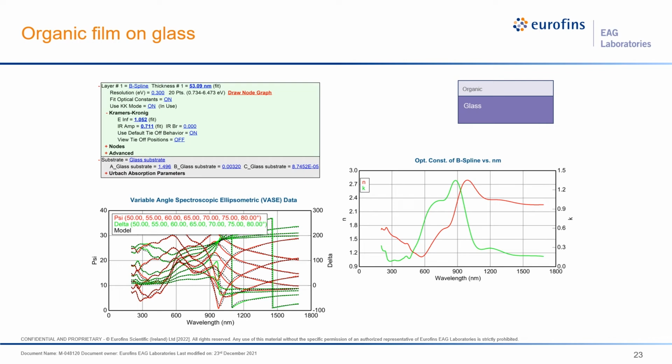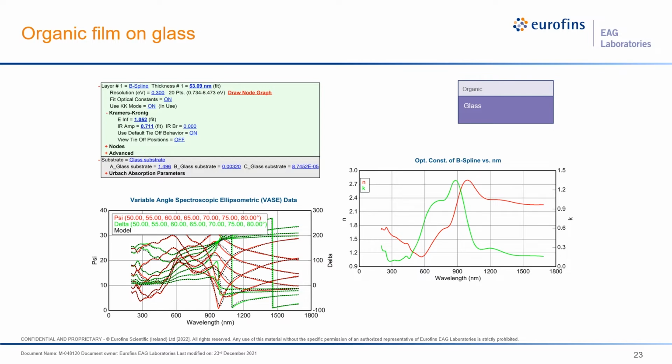Our second example of an absorbing film is an organic film on glass. We again use the B-spline function to model the dispersion relation. The model is shown at the top left. As you can see from the measured data on the left, there is observable interference. That is to say, this film is not so thick that the light cannot penetrate to the interface between the layer and the glass.